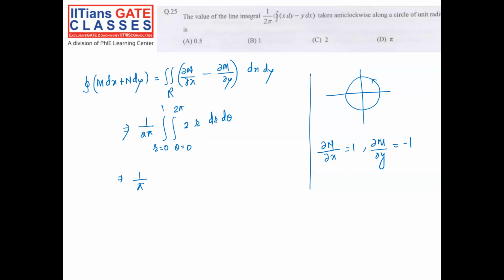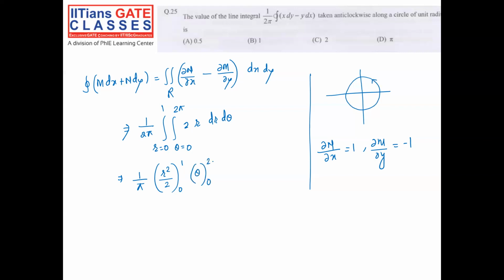Integration of r is r square by 2, limit is 0 to 1. And integration of 1 with respect to theta is theta, and limit is 0 to 2 pi.